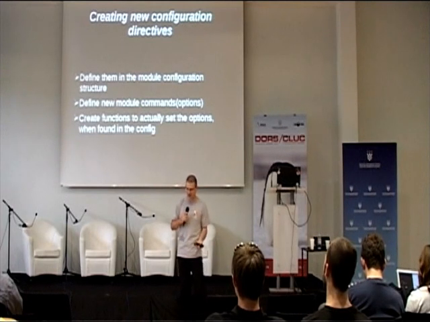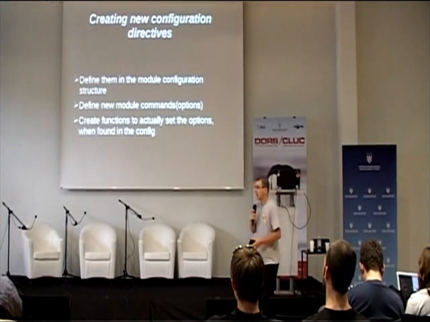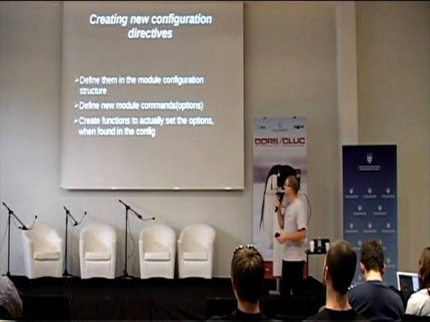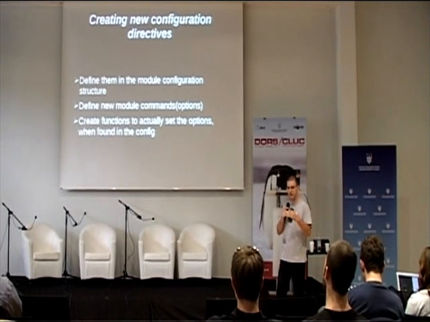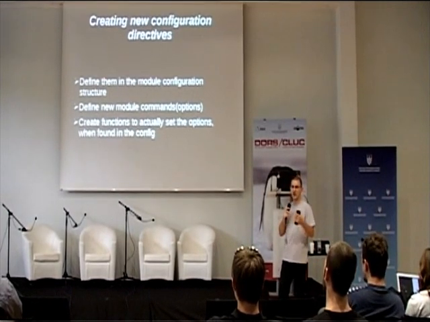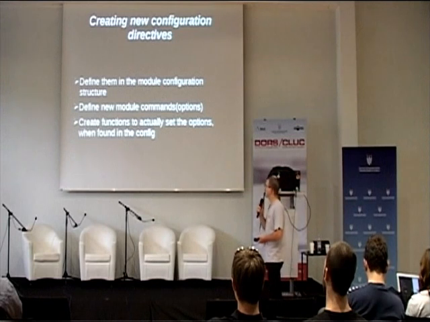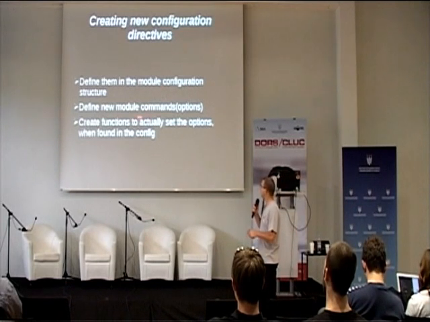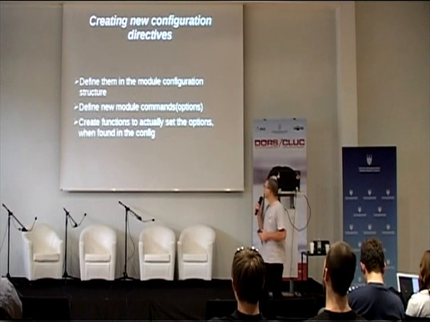So for configuration directives, you usually have configuration that is defined within the module, and for these configurations, you should have a memory structure that will handle your actual module options. Then you have to define some commands that we will see.